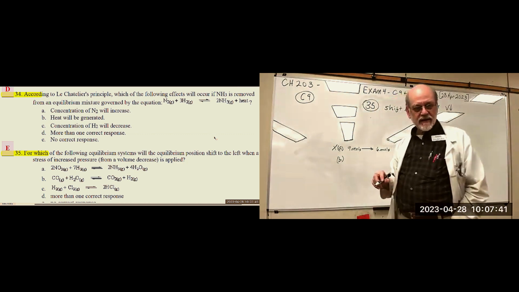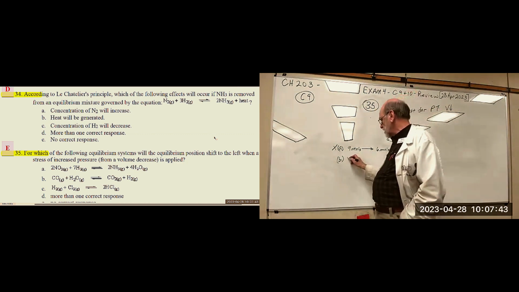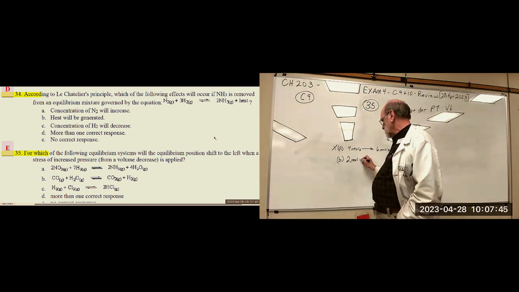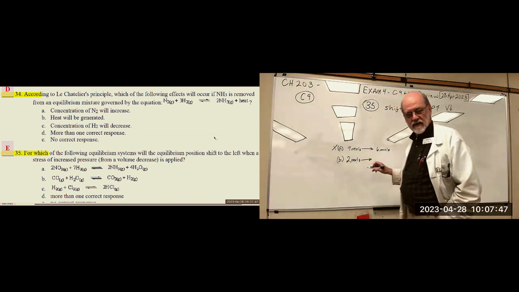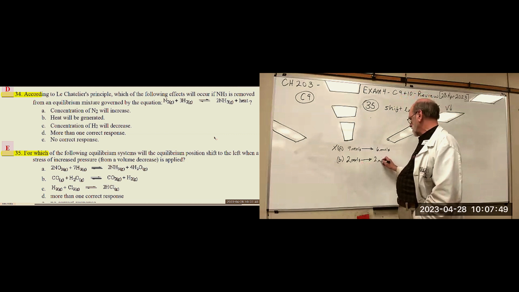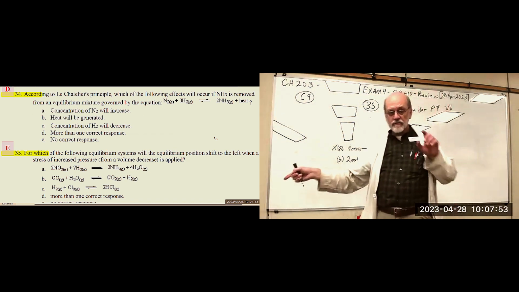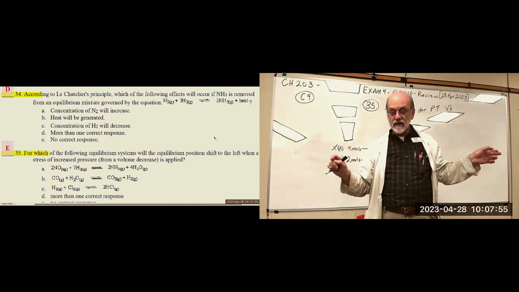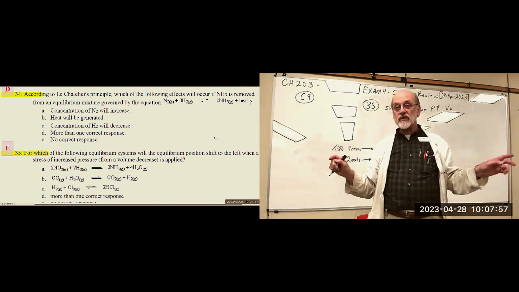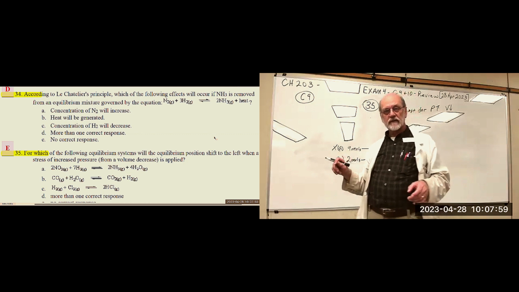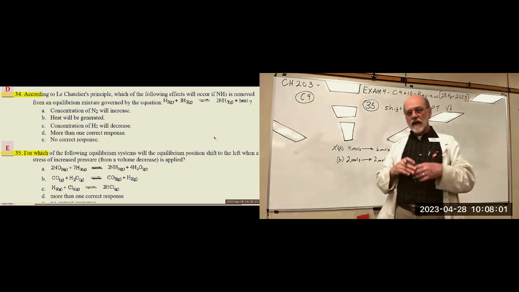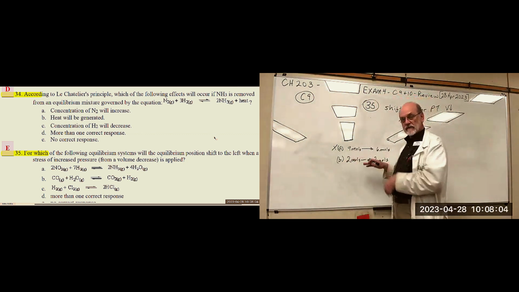How about B? 2 moles here yield how many here? 2 moles. If you've got the same number of moles on reactants and products, you can change the pressure any way you want. Change the volume, whatever. It will not affect the reaction.